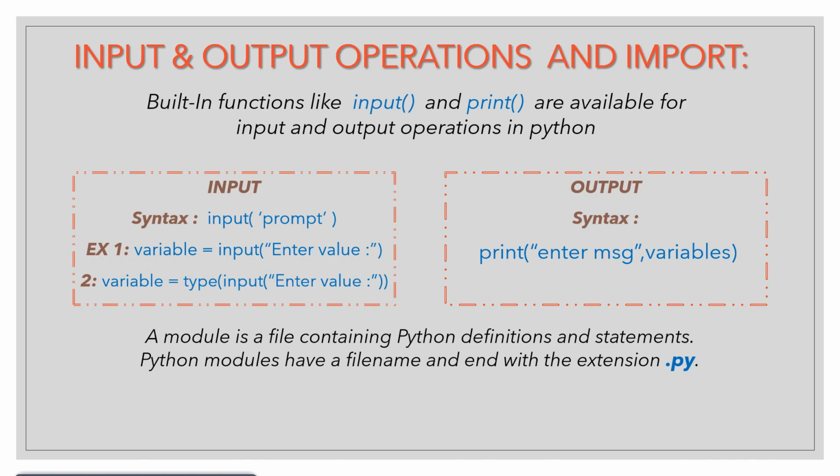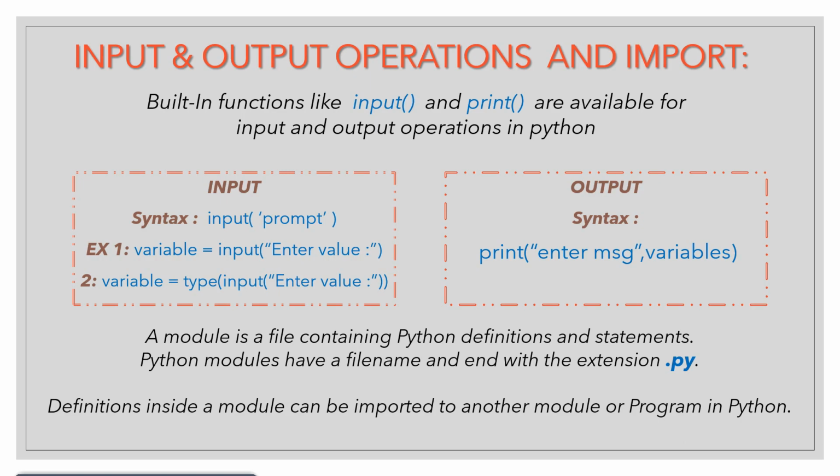So these definitions and statements inside a module can be imported into another module or program in Python. That is, you can use the definitions or programs or whatever exists in a module by importing it into our program in Python. So how do we do that? By using the import keyword, we can import the module into our program.